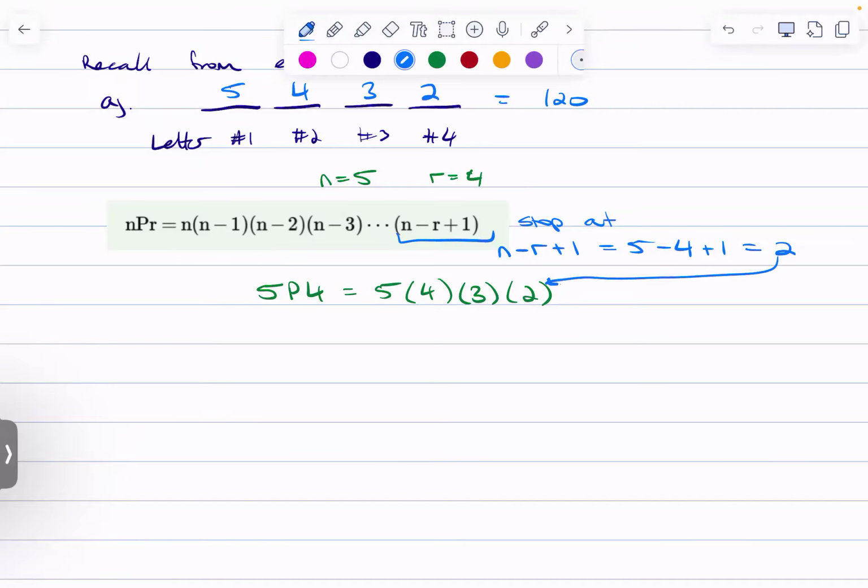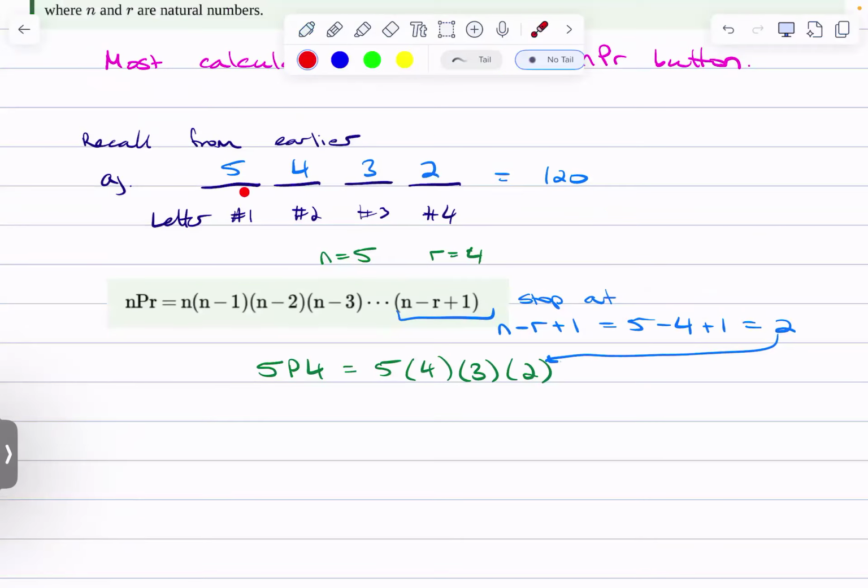Nice. That's the same, 5 times 4 times 3 times 2. Notice that that's the exact same thing that we found. So again, if you get comfortable with using the slots, there's no reason you can't use the slots. If you don't like the permutation formula, that's fine. I don't either, because I prefer to use the slots. But if you like the permutation formula, if you've seen it before maybe, go for it.